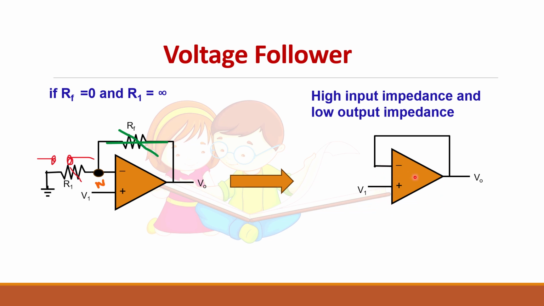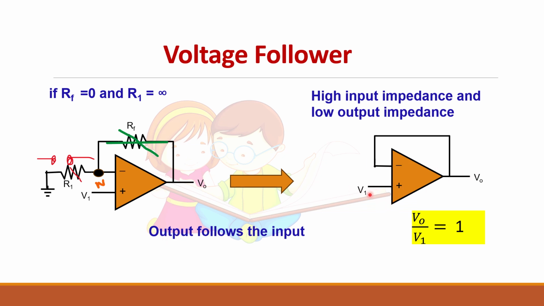Now let us derive the voltage equation. What will be the voltage here? This voltage is V1, so this point is also V1. But this V1 and V0 are connected. So V0 by V1 I can write as 1, or V0 is equal to V1. Output and input are same. So in this circuit, the output follows the input.